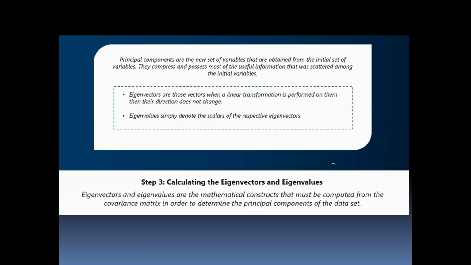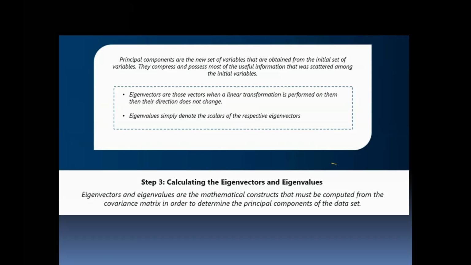Whereas the eigenvectors are those vectors whose direction doesn't change when a linear transform is performed on them.